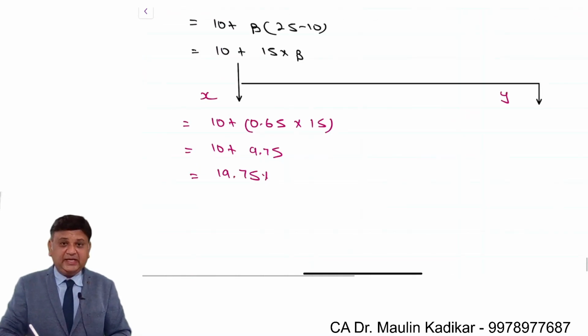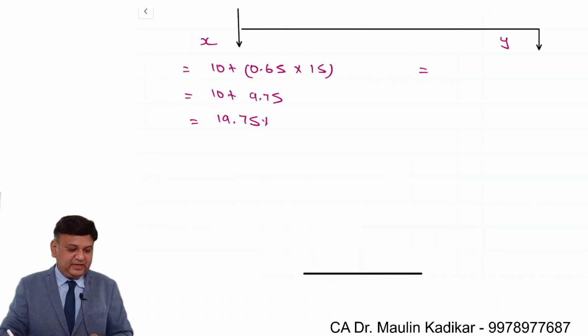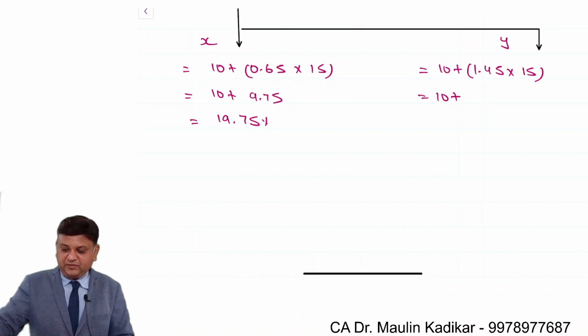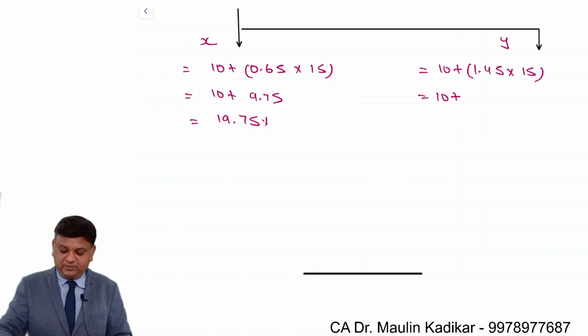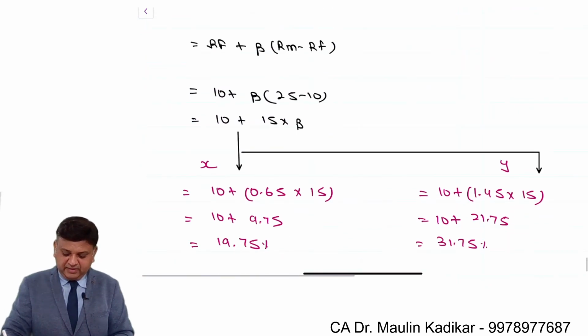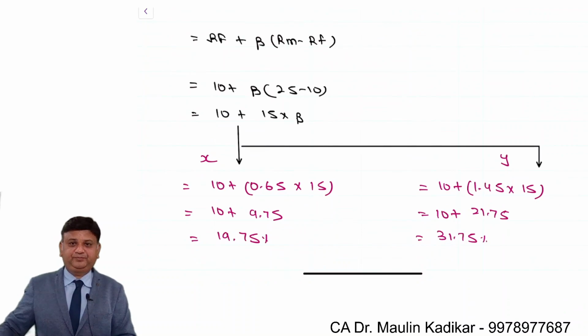So overall it is 19.75. For security Y it is 10 plus beta, which is 1.45, into 15. 1.45 into 15 is 21.75. That comes to 31.75. That is the way we can compute the required rate of return for each of the security.